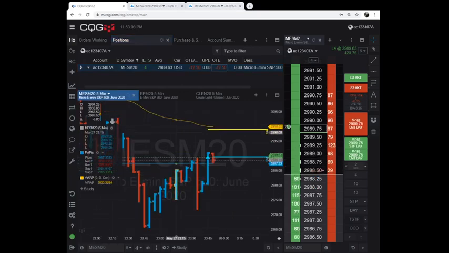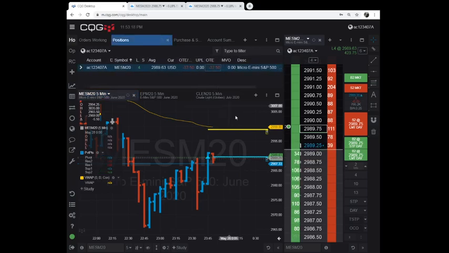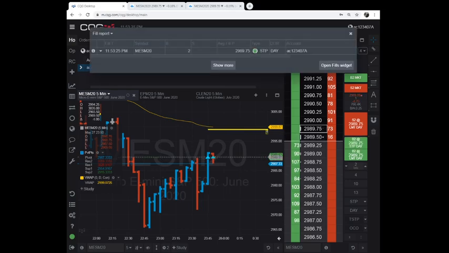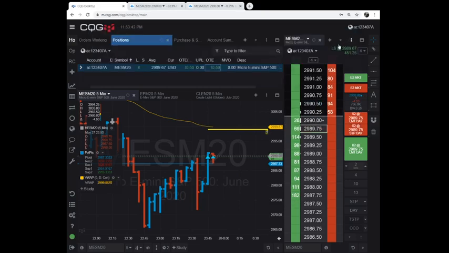Alright traders, I added 2 more position size, 2 more contracts for micro mini S&P, at slightly one tick higher at 2975. Okay, the additional lot position already filled.